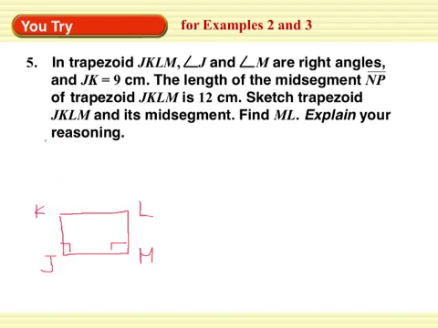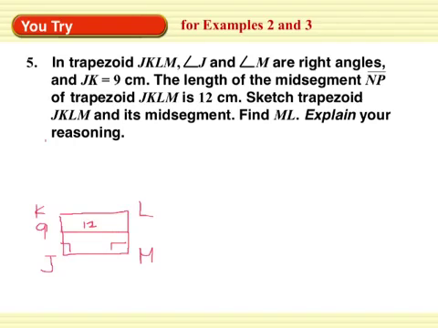Angle J and angle M are right angles, and JK equals 9 centimeters. The length of the midsegment NP of the trapezoid is 12 centimeters. Sketch JKLM and find its midsegment.